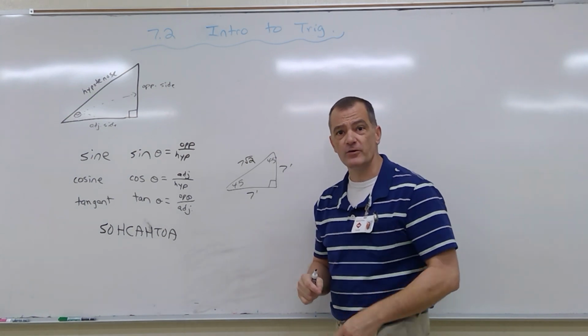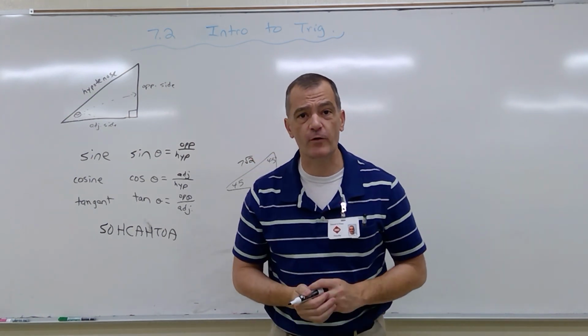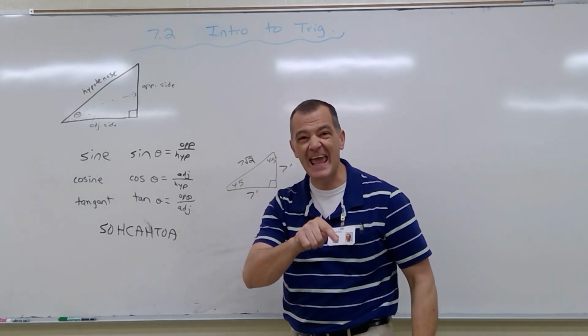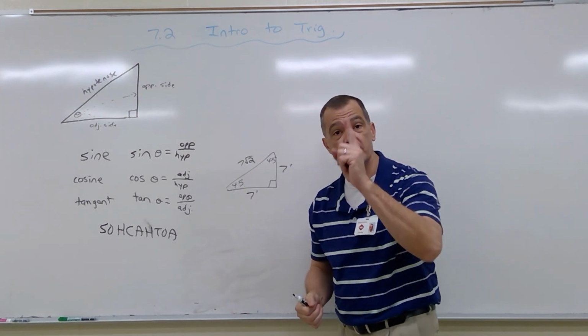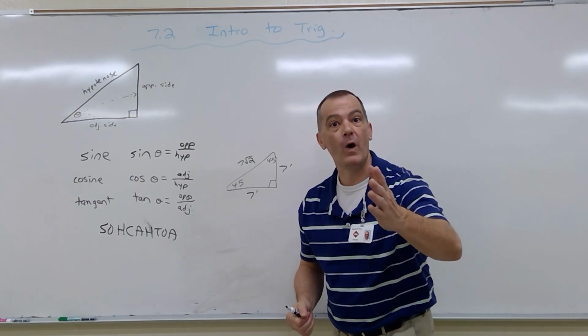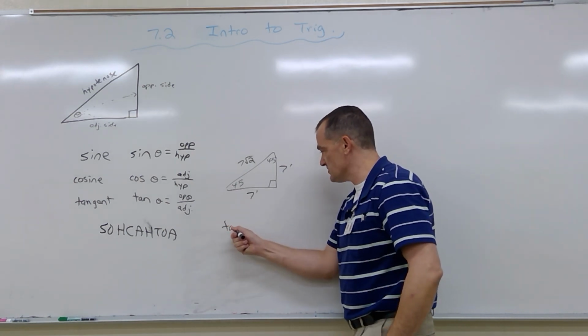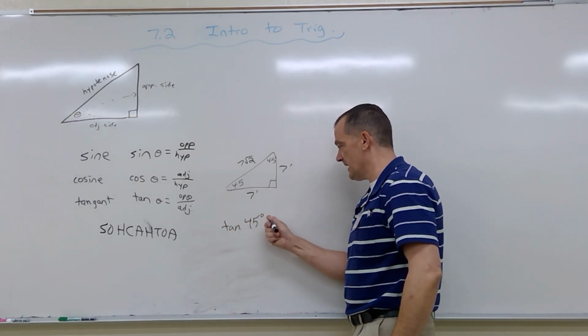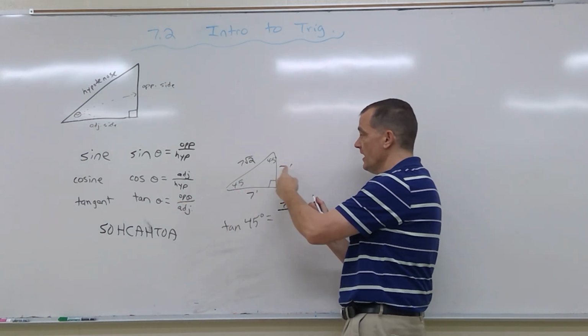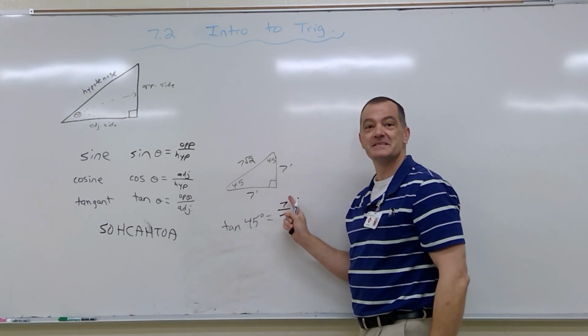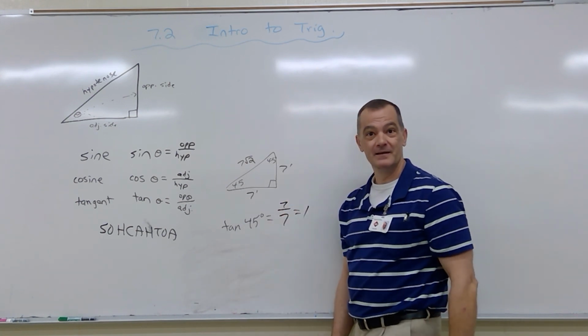But your calculator doesn't know which triangle you're referring to. So when you type in tangent of 45 degrees and press enter, your calculator is going to give you the number 1. Why? Because the tangent of a 45 degree angle is equal to the opposite leg over the adjacent leg. 7 over 7 is 1.